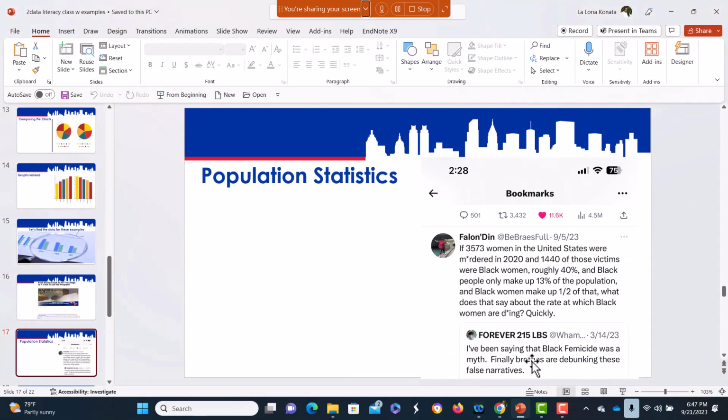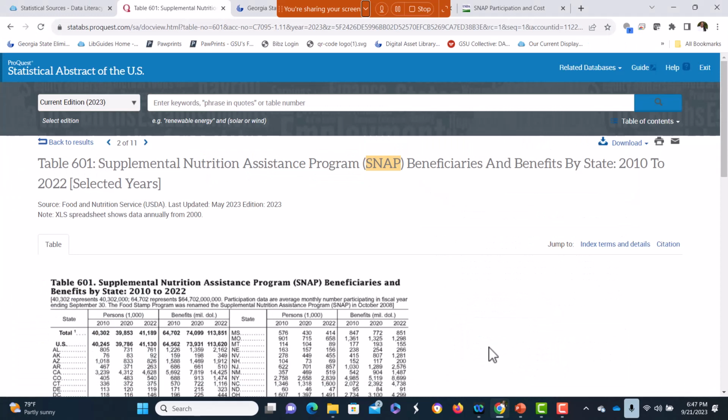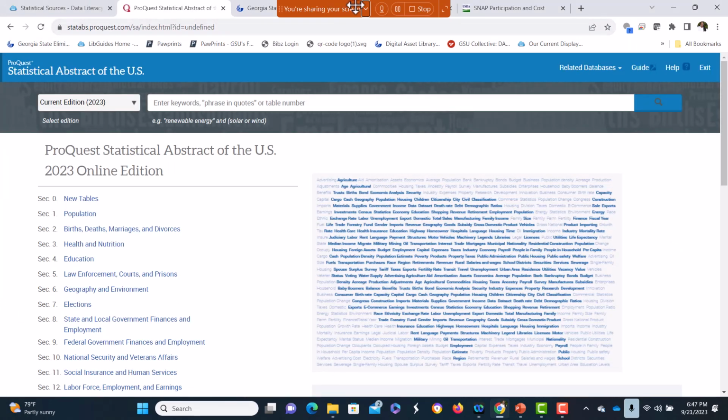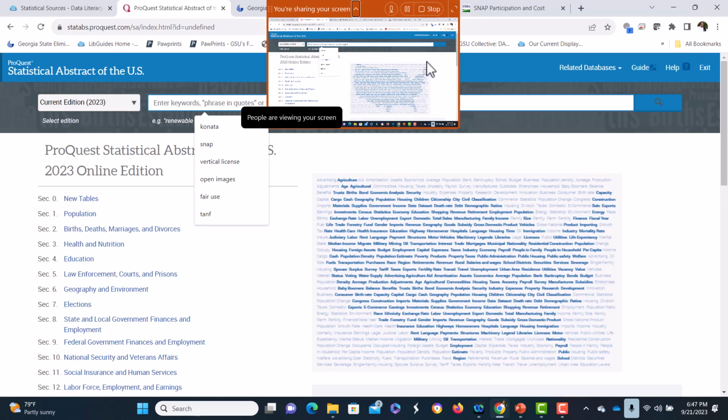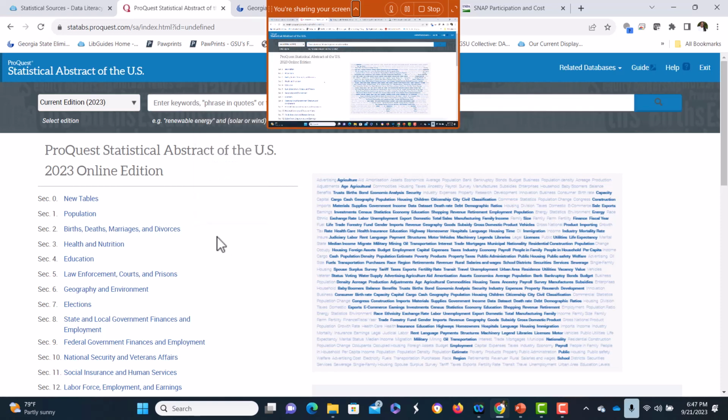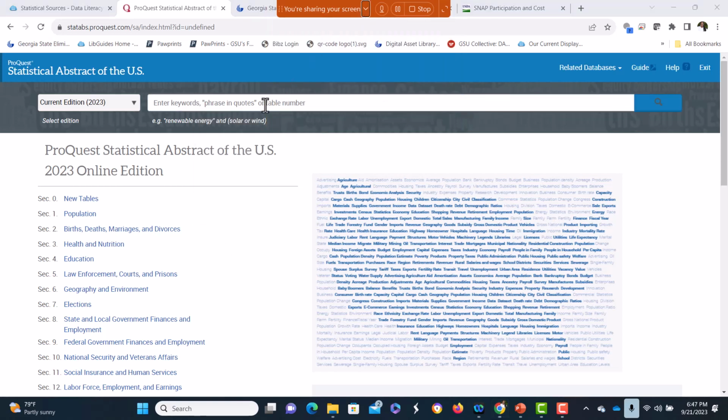So we're going to go back to statistical abstracts. Okay, hopefully you see that. And let's try to find the numbers to verify this. So I'm just going to search population and race.